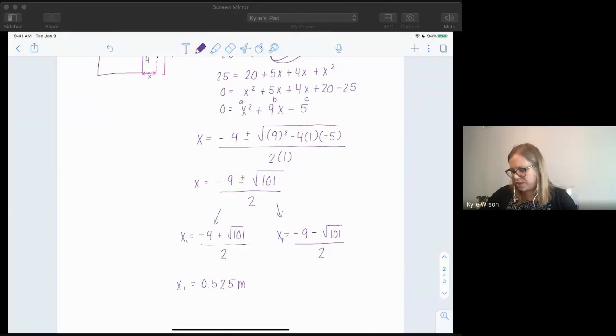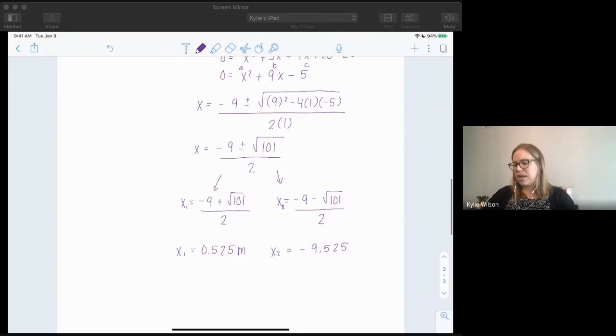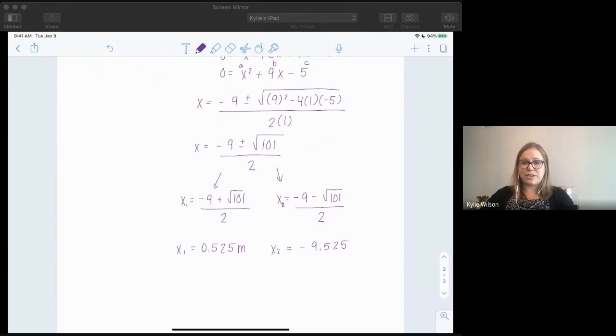And for x2, I'm just going to put that into my calculator because it's going to be a funny decimal, so it's kind of hard to do in my head. Negative 9 minus root 101 divided by 2, and we're given negative 9.525.